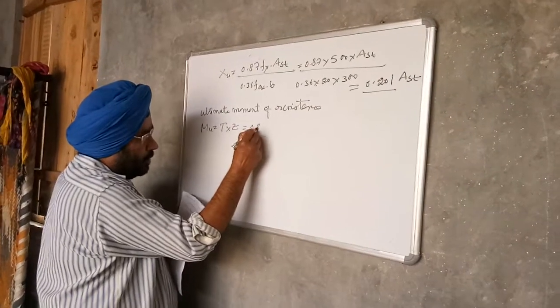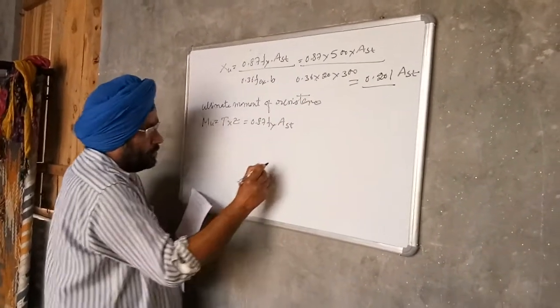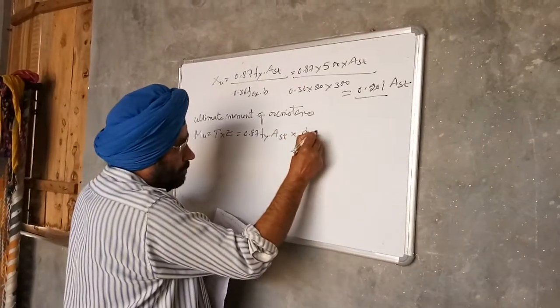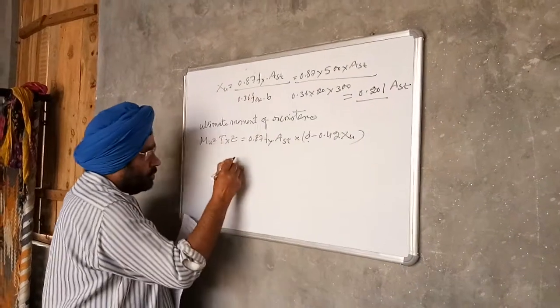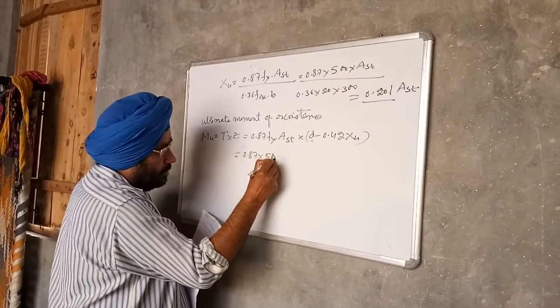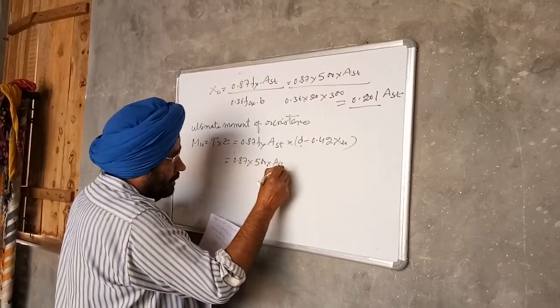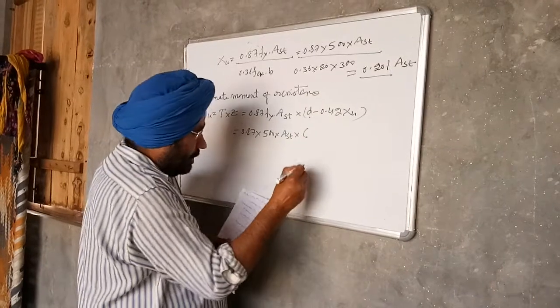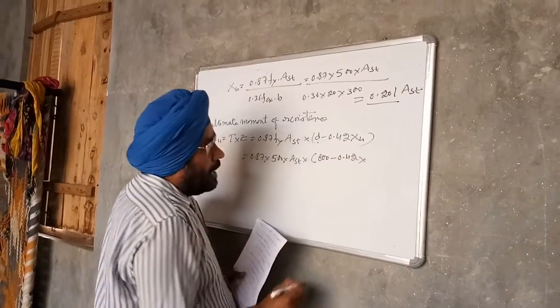So this is 0.87 Fy AST into Z. Its value is D minus 0.42 XU. So this is 0.87, Fy is 500 and AST, into D, where D is 600, minus 0.42 XU.